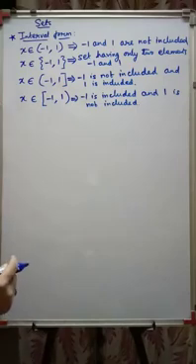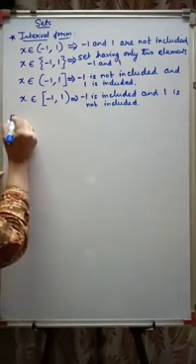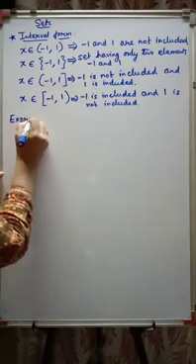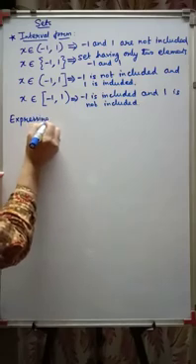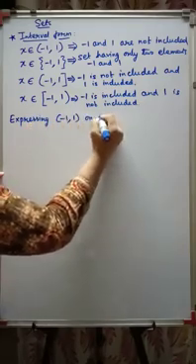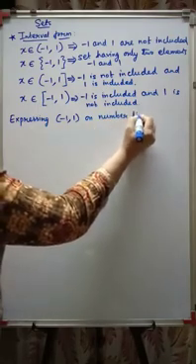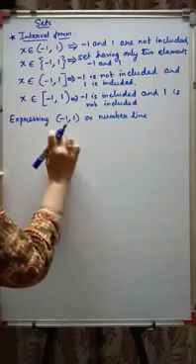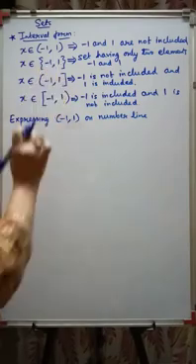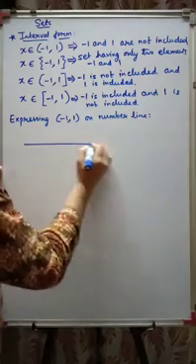Now, I was telling you about included and not included. What do you mean by included? Suppose I am expressing (-1, 1) on the number line. So this is my number line.